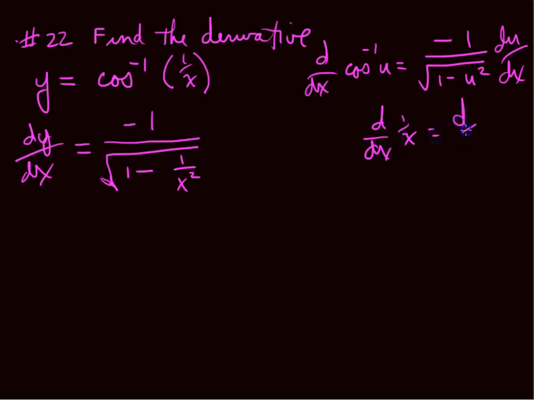That's the derivative of x to the negative 1, which is you first multiply by the exponent and then subtract 1. So it's x to the negative 2, so this is a negative x to the negative 2, which is negative 1 over x squared. So that's what we can put out here.